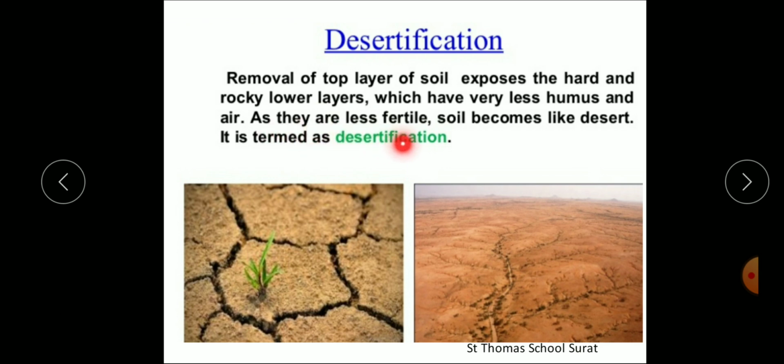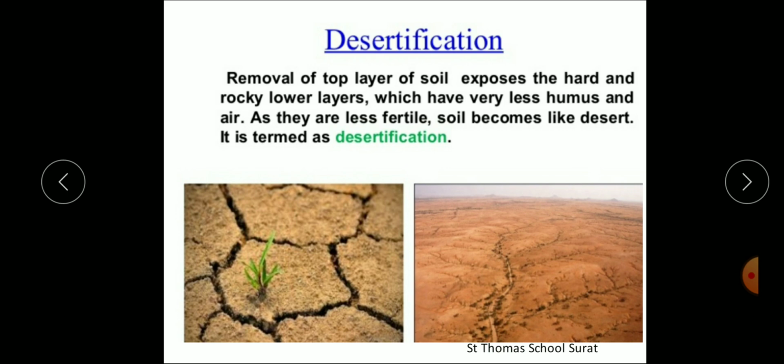As they are less fertile, the soil becomes like a desert. It is termed desertification. You can see the removal of the top layer of soil exposes the hard, rocky lower layers which have very little humus, right? There is no water at all.